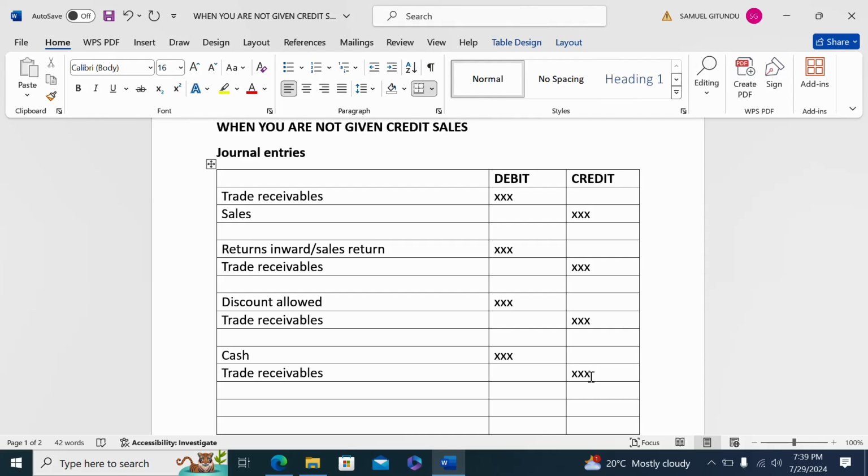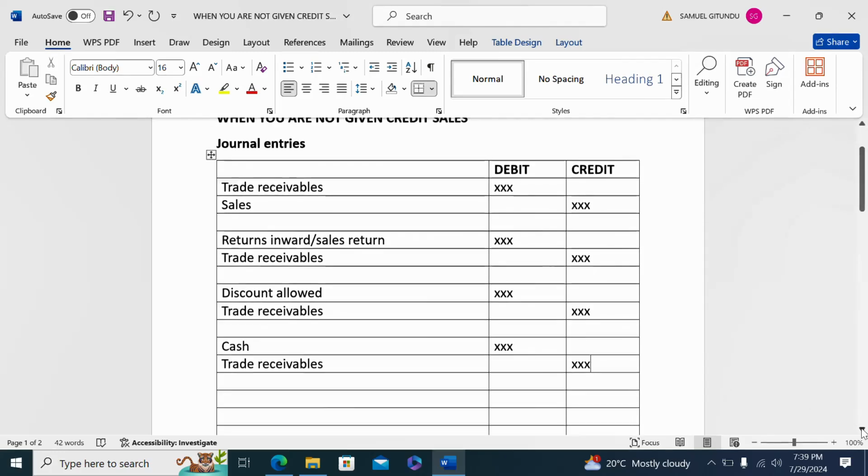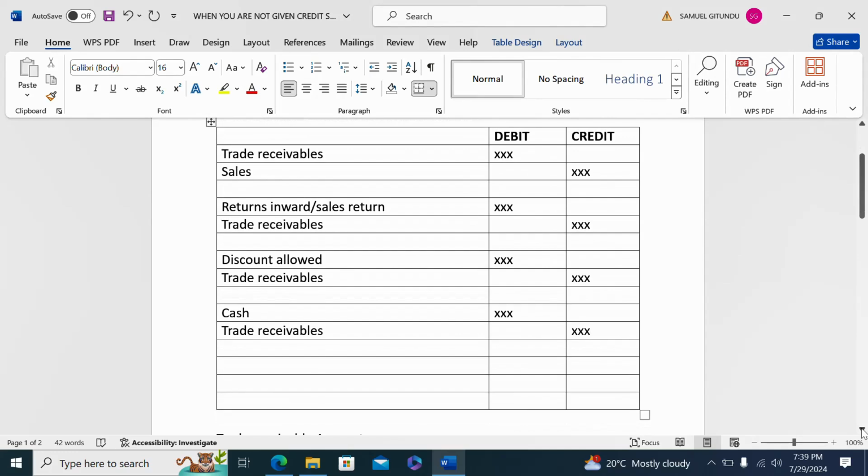What if at the end of the period, you find that some customers are not able to pay you back? That becomes a bad debt. If you have a bad debt, it means that you are going to write it off. So you debit the bad debt account, and then you credit the trade receivables account.